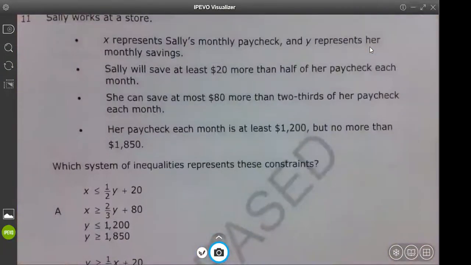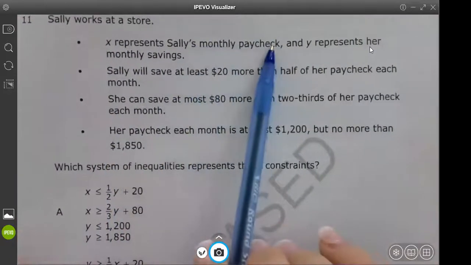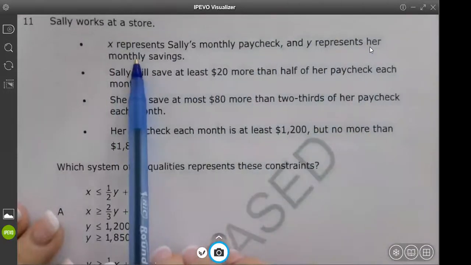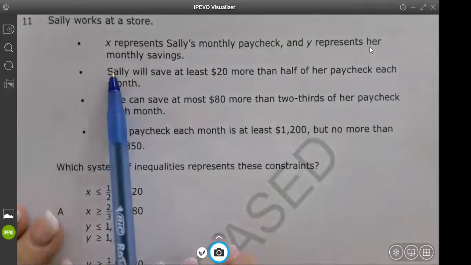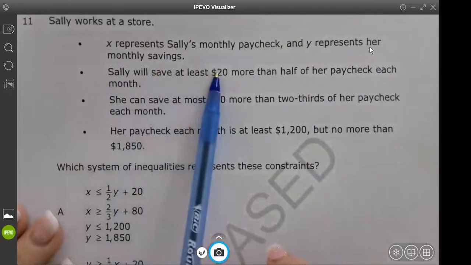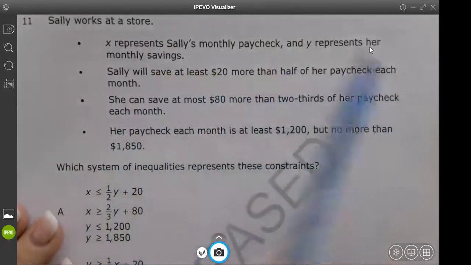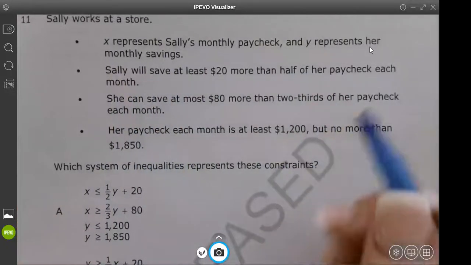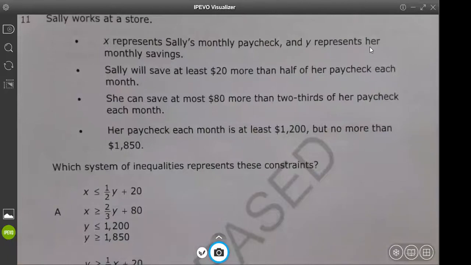All right, this one is writing equations and inequalities, but it's really simple. It says X represents Sally's monthly paycheck. So X is the paycheck, Y is the monthly savings. Sally will save at least 20 more than half of her paycheck each month. So she will save, what represents her savings?